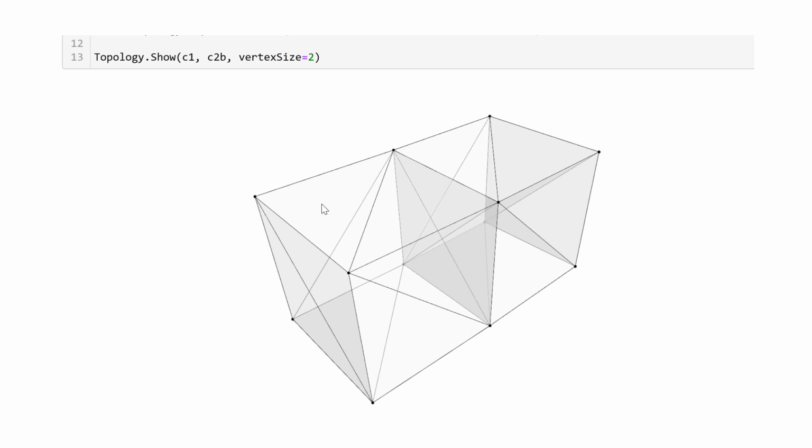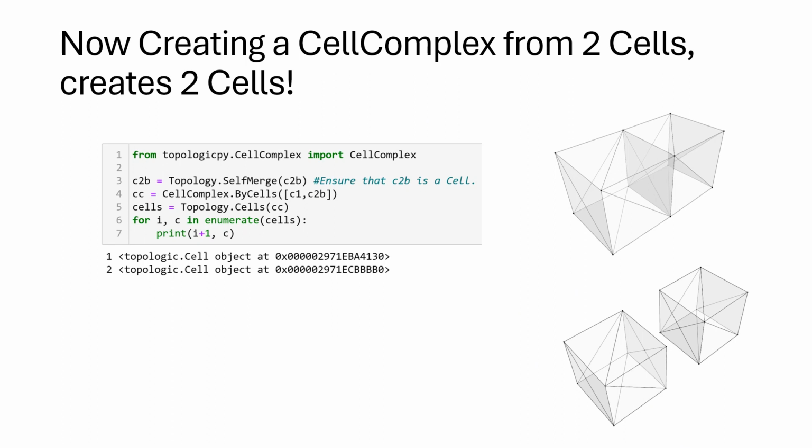So if we show now the new cell, this is C1 on the left side and this is C2B on the right side. You'll notice that the vertices are now perfectly aligned, and therefore we can create a cell complex out of these. So now creating a cell complex from 2 cells creates 2 cells rather than 3 cells. So this is the code for it.